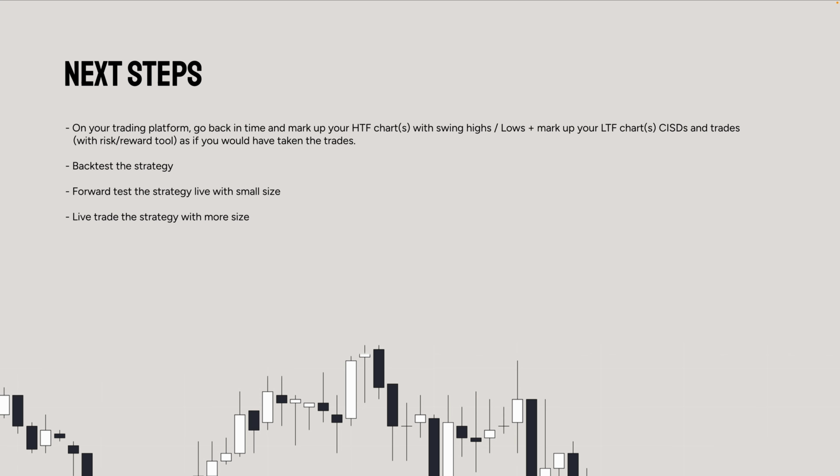Because the purpose of this is scroll back 15 London sessions, split your screen in two, exactly like I've shown you in this video. So you have your higher time frame chart on the left, and then either the 30 seconds chart or one of the tick charts on the right, and mark out the swing highs and the swing lows on the higher time frame.